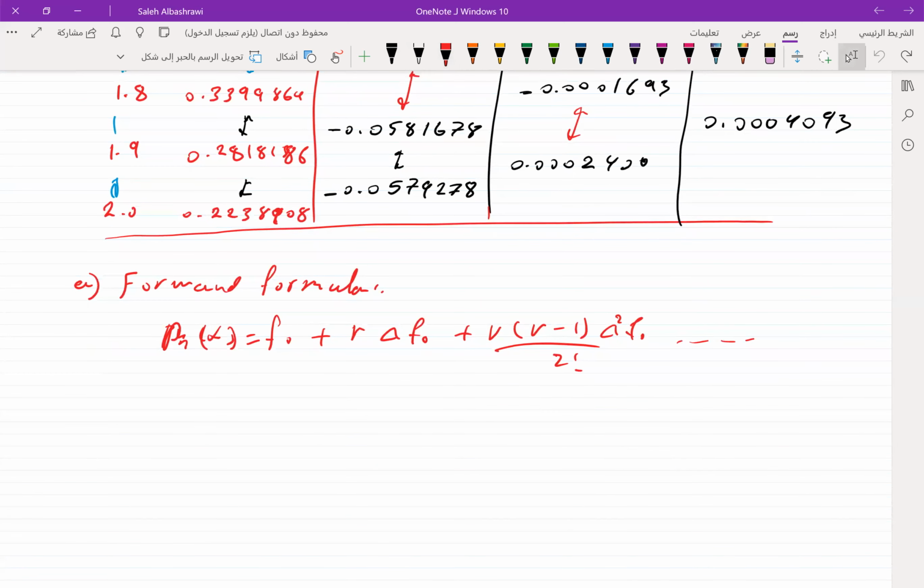And r is given by x minus x sub 0 divided by h.